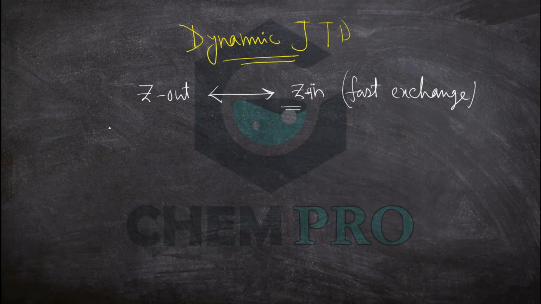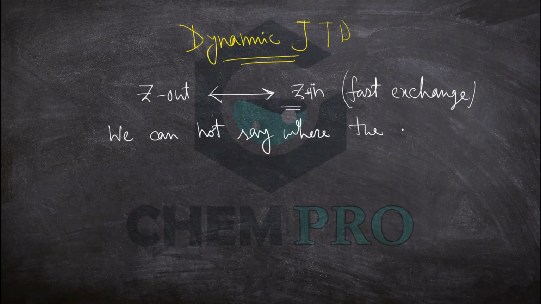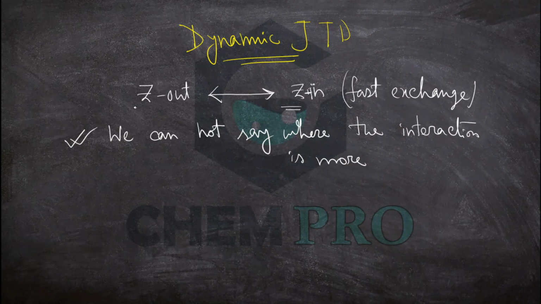So we cannot say where the interaction is more, because the Z out type and Z in type of distortion are in fast exchange.